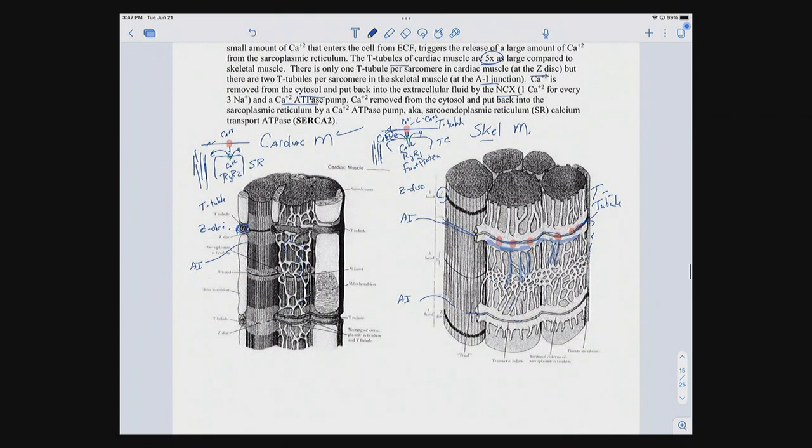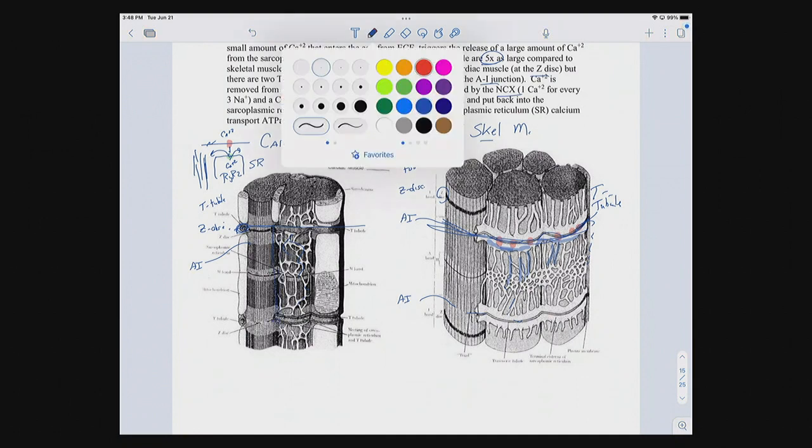The other thing that I want to point out that's not in the diagram, but is still very useful to know, is with the T-tubules in the skeletal muscle, they're all kind of just in this orientation here. The T-tubules in the cardiac muscles, it looks like they're in this orientation here, but they will actually come in and then turn and go longitudinally. So they'll come in and they'll run this way. I don't know how well you can see that. Maybe I'll go with the red.